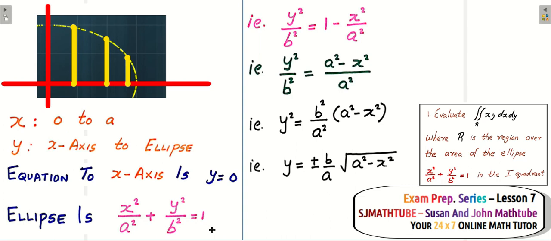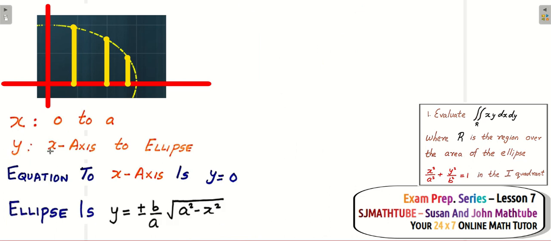Now look at this. The equation of the ellipse is written slightly differently because I am trying to find the y values. So we have the equation of the x-axis being y equal to 0, and the equation of the ellipse being plus or minus b by a root under a square minus x square equal to y.